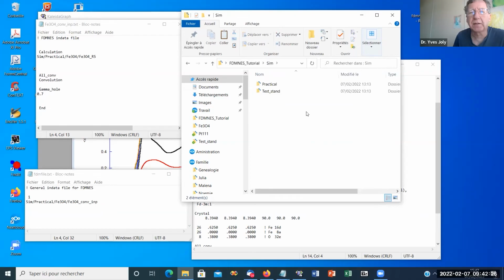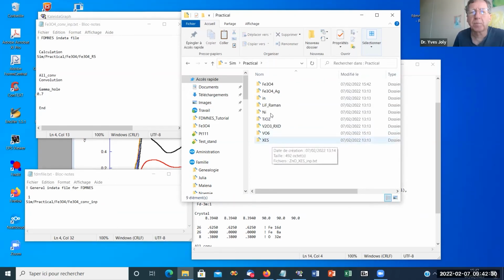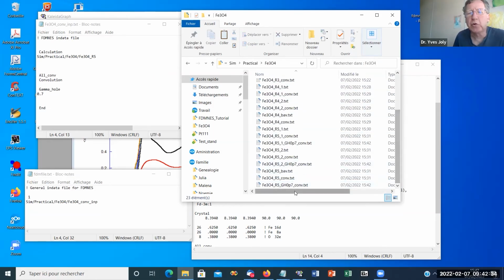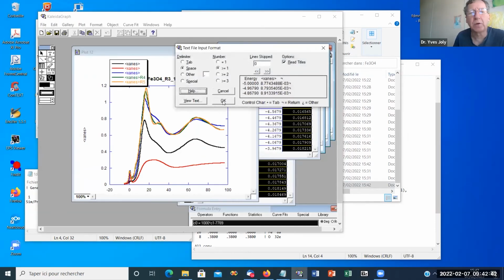So I go back here, and I will have the new output file. You saw that gamma hole is now written in the name. It's helpful.